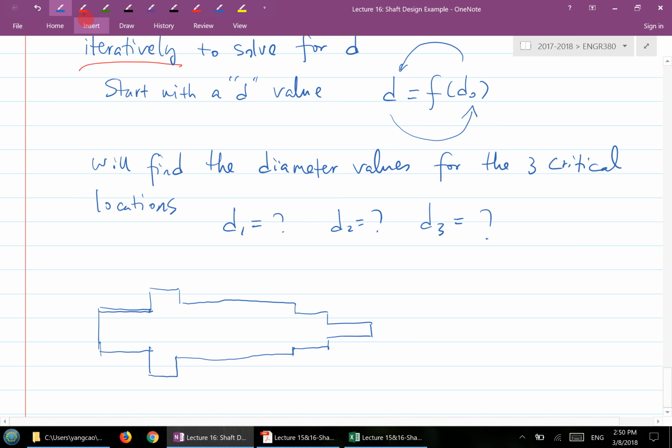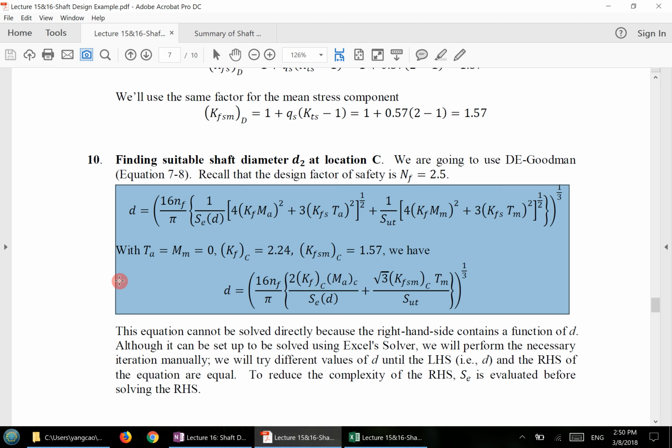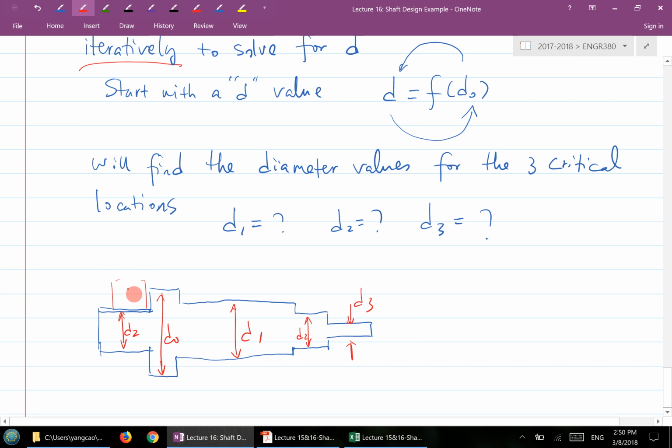So you have D2 over here, and this is also D2, and this is D1, and this is your D0, and this is the D3 location, right? The D3 location. And the bearings are at this location here. This is your bearings.